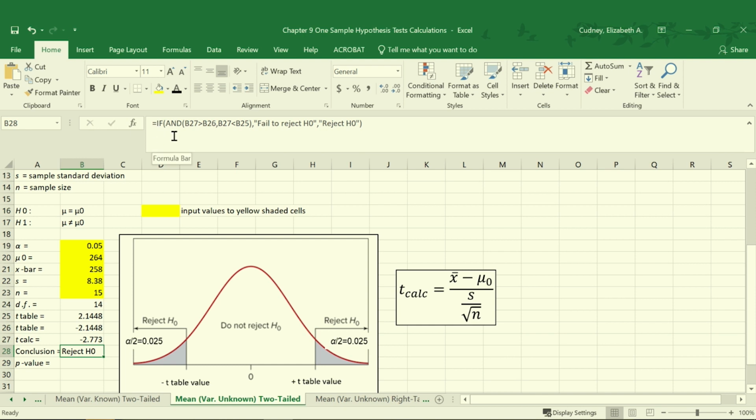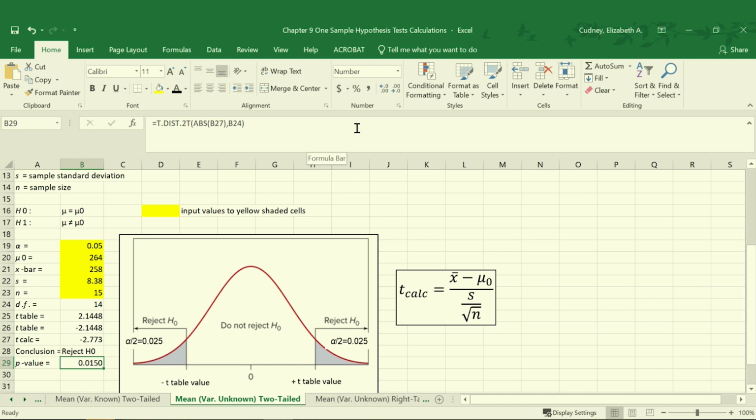So we have if B27, which is our t calculation, is greater than B26, which is our negative t-value, and B27 is less than our positive t-value, which means it falls in this region, we're going to fail to reject the null hypothesis. Otherwise, we're going to reject the null hypothesis. So we get the correct conclusion that we're going to reject the null hypothesis based on where our value falls.